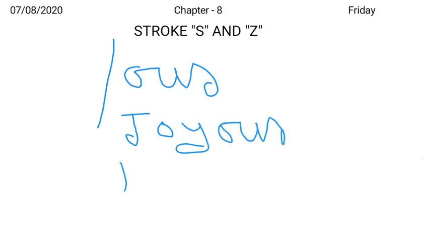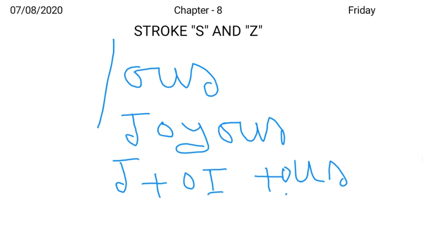Here the sound is J plus I plus U, OUS. So the OUS syllable is there, and before that there is a diphthong. So when a word ends with the final syllable OUS and is immediately preceded by a diphthong sign, the OUS syllable should always be represented by stroke S, like this. Joy, S.